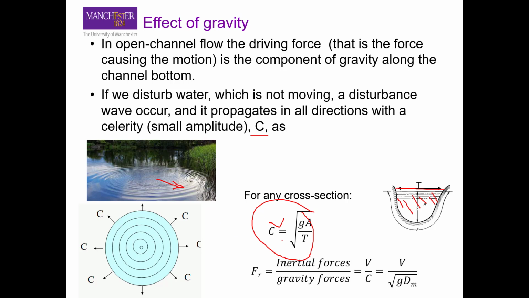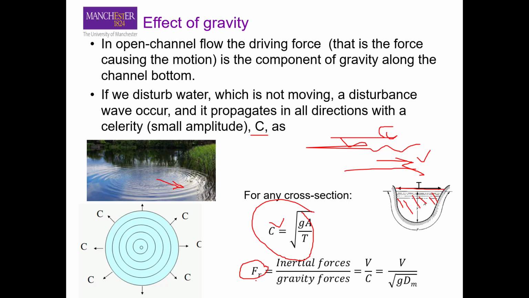And if you take the ratio of c, that is the natural ripple effect, or the speed of the wave, to the actual velocity of the fluid, that is, for example, so you have the wave on the surface, but at the bottom or in the middle, you have the actual velocity of the fluid, that is, let's say, v, and the speed of the surface is c. So if you take the ratio of these two parameters, we get a number that is called Froude number.